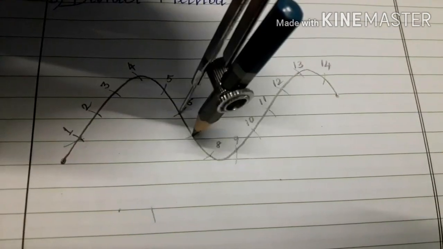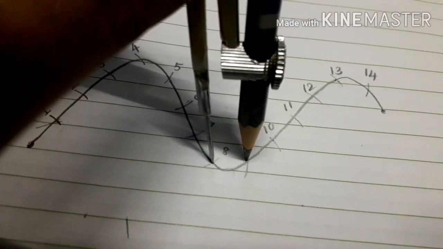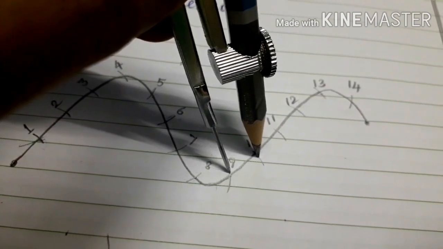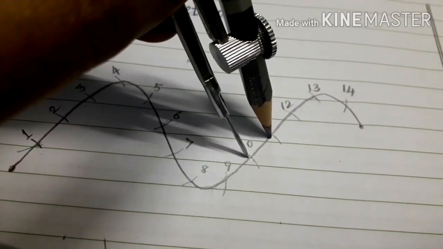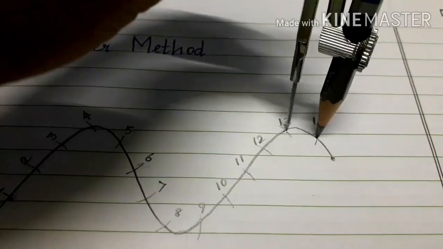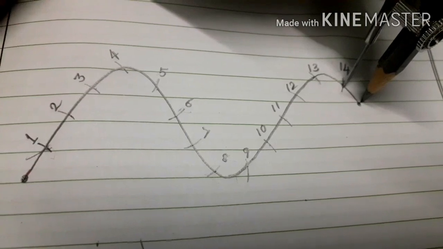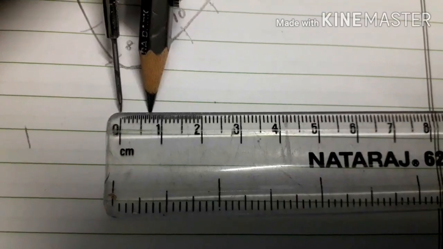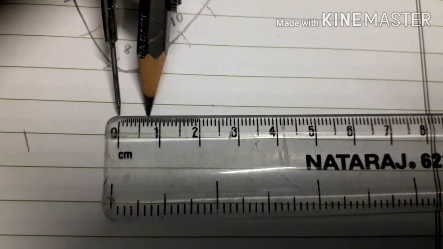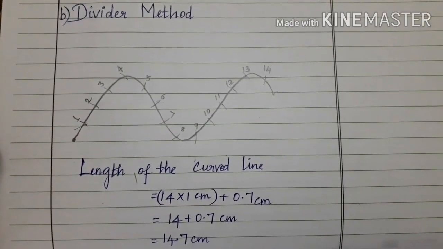Without altering the distance between the legs of the dividers, take the dividers along the line. The number of steps taken by the divider is 14. Some portion less than the distance between the two legs is measured as 0.7 centimeter. The length of the curved line obtained is 14.7 centimeter.